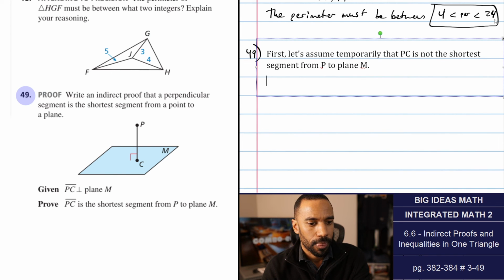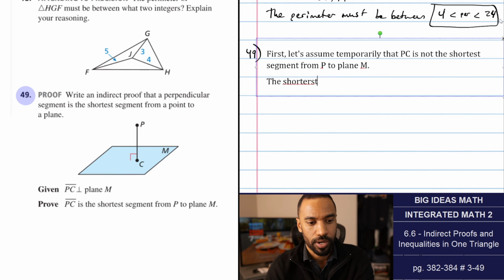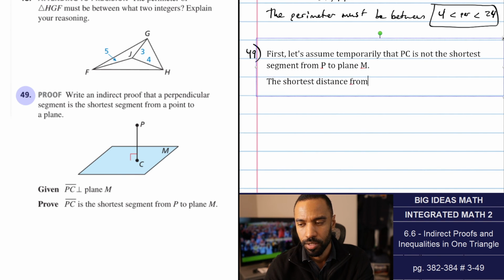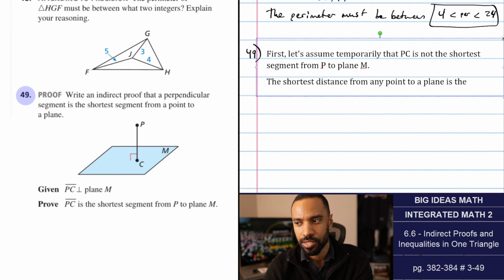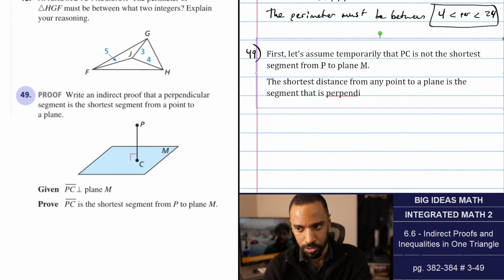The way that I want to kind of talk about this, I don't know if this is going to be perfect how I say it, but the shortest distance from any point to a plane is the segment that is perpendicular to that plane.